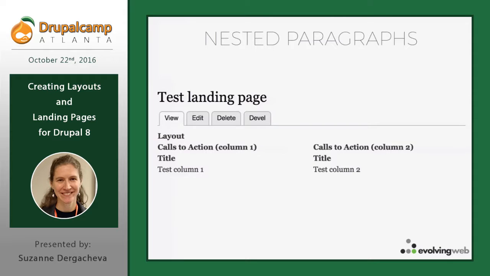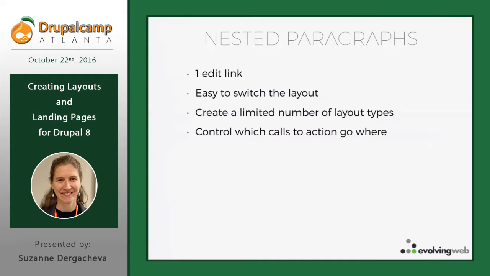So these would be like fields within your 2-column paragraph type. So with nested paragraphs, with this approach, it's nice because you're just going to have one link to edit everything. It's easy to switch the layout just from that single link, and you can limit the number of layout types and control which calls to action go where.